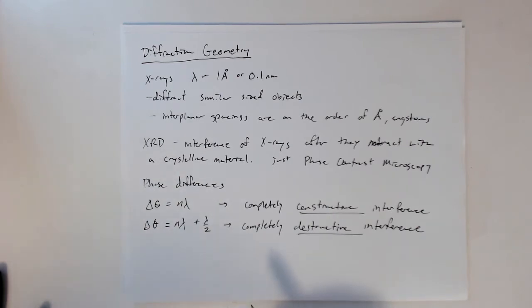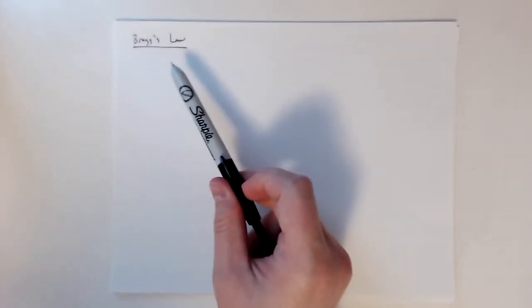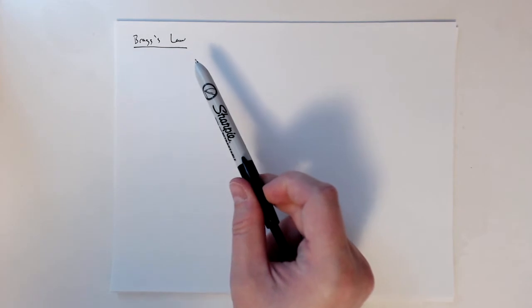What I'm going to do next is show you the simple geometry and how we come up with a well-known law that allows us to relate the X-ray wavelength and some of the properties of the crystalline material. I'm going to draw the geometry of a simple X-ray diffraction experiment, and in doing so, it's going to discuss what you might know as Bragg's law.